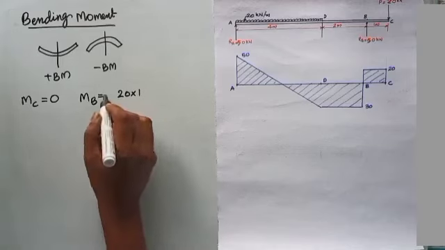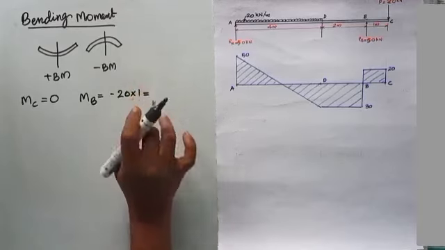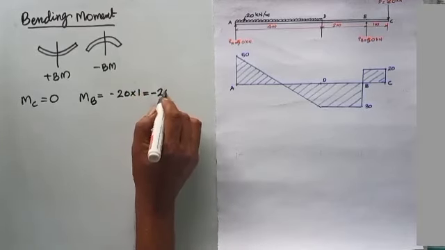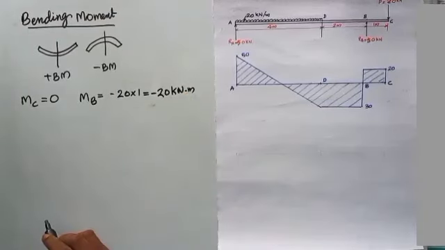So this will be minus 20 kilonewton meter. That is the bending moment at B.